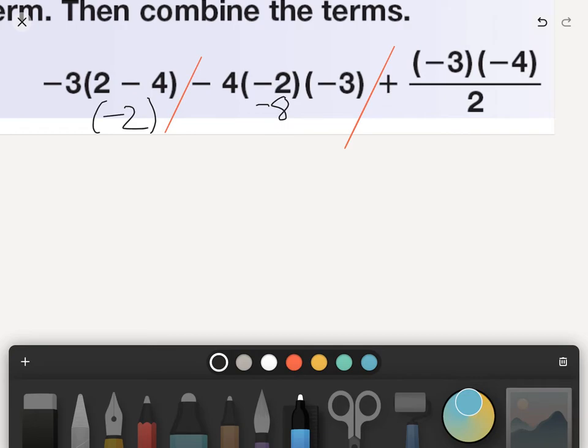Then negative 8 times negative 3 would end up being positive 24. And looking over here, I would do these two first. So negative 3 times negative 4 would get me a positive 12, divided by 2 is going to get me a positive 6.